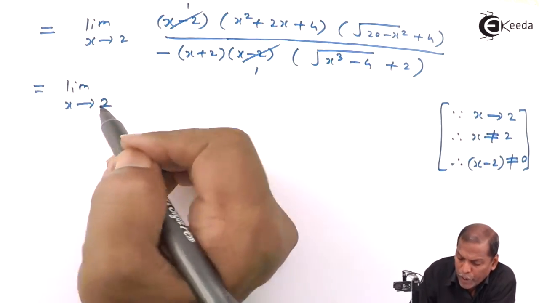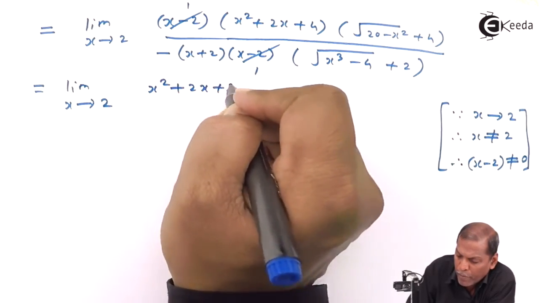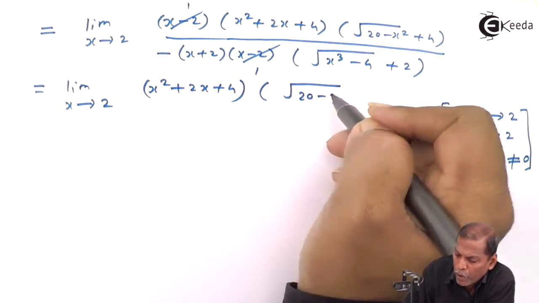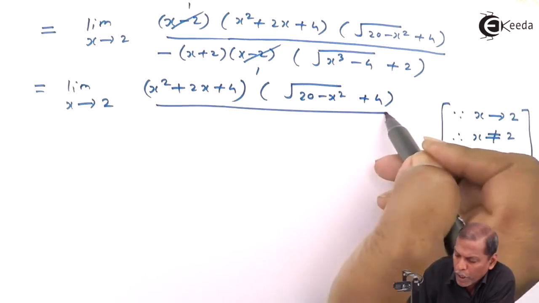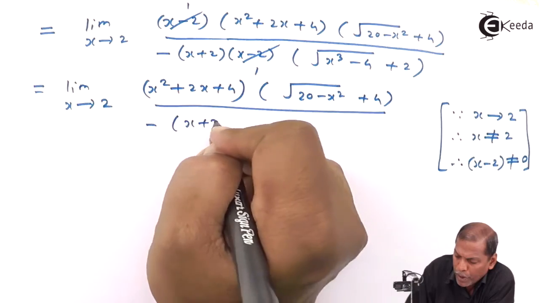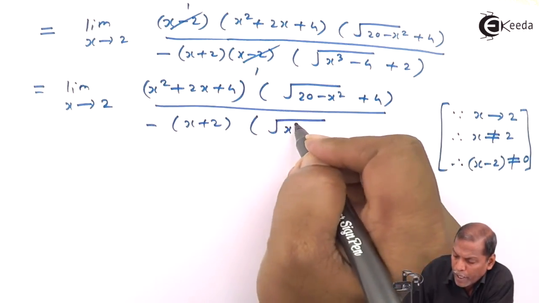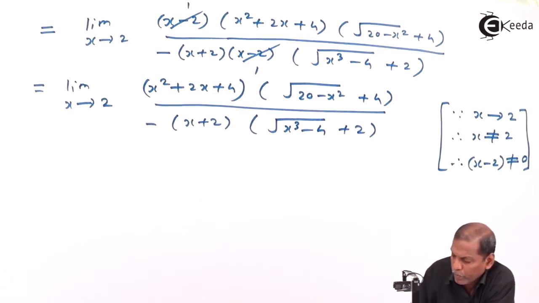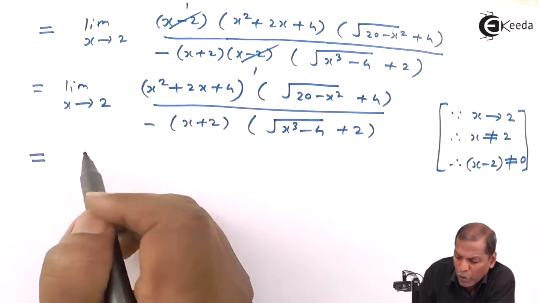So the next step will be limit x tends to 2. In the numerator we have x square plus 2x plus 4 in the first bracket, square root of 20 minus x square plus 4 in the second bracket, and in the denominator minus in bracket x plus 2, and in the next bracket x cube minus 4 whole square root plus 2. Now we substitute the limit x equal to 2.